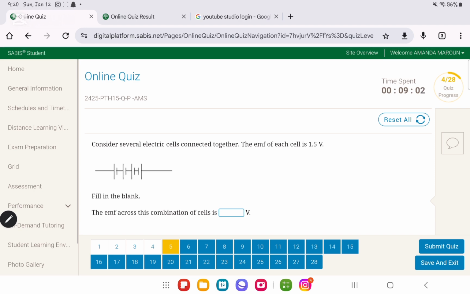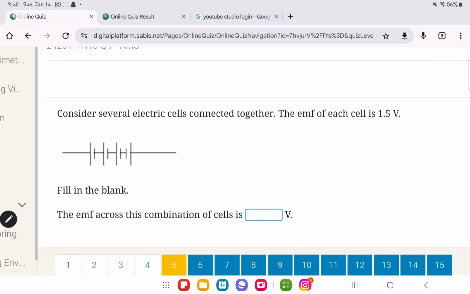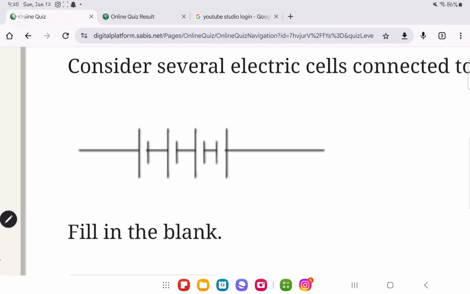Moving on to question number 5, they need the electromotive force across this combination of cells. We know that we will take each two together, so 2 together, and then this is the first 2, and this over here is the last 2. If you cannot take two together, we can do them each one by themselves. So if we are starting with this one, it is going to be the positive one, or the positive direction.